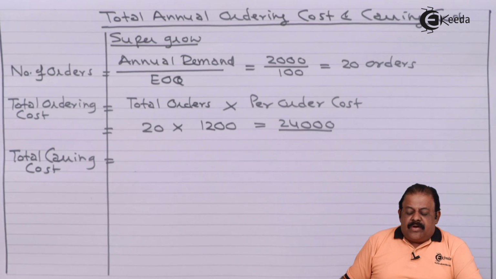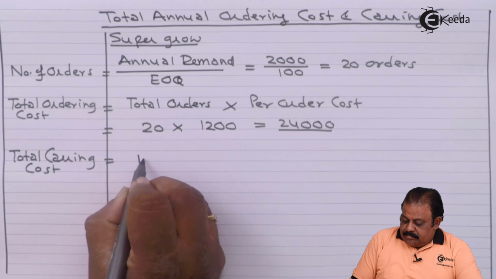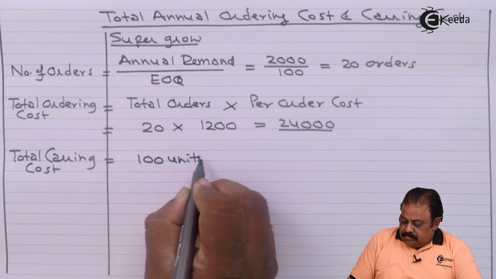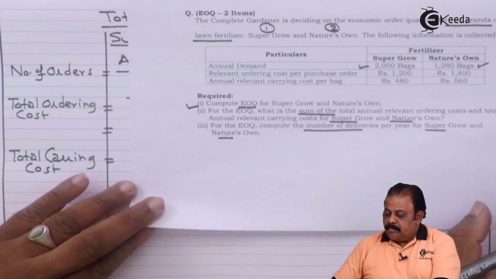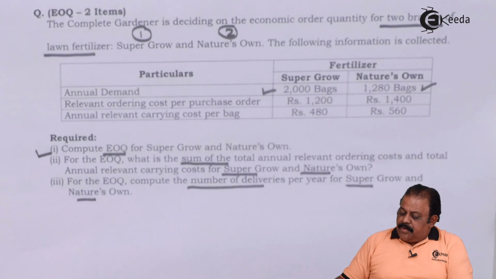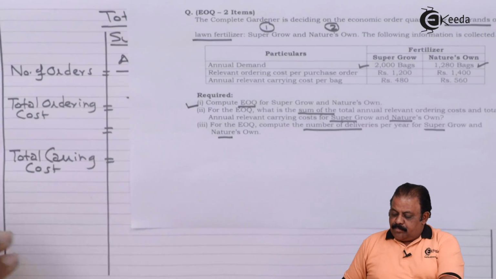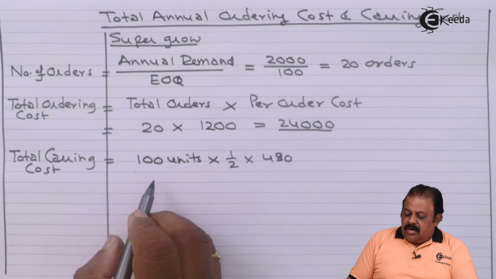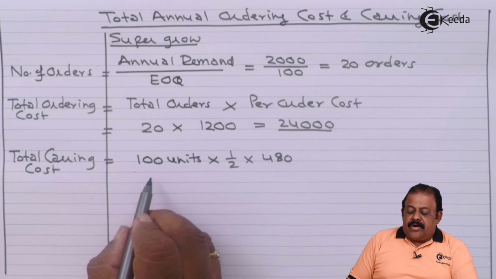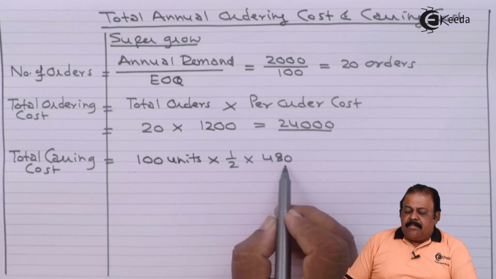Now we are required to calculate total carrying cost. Carrying cost per unit is given rupees 480. So 100 units economic order quantity multiplied by half to get average, multiplied by 480.